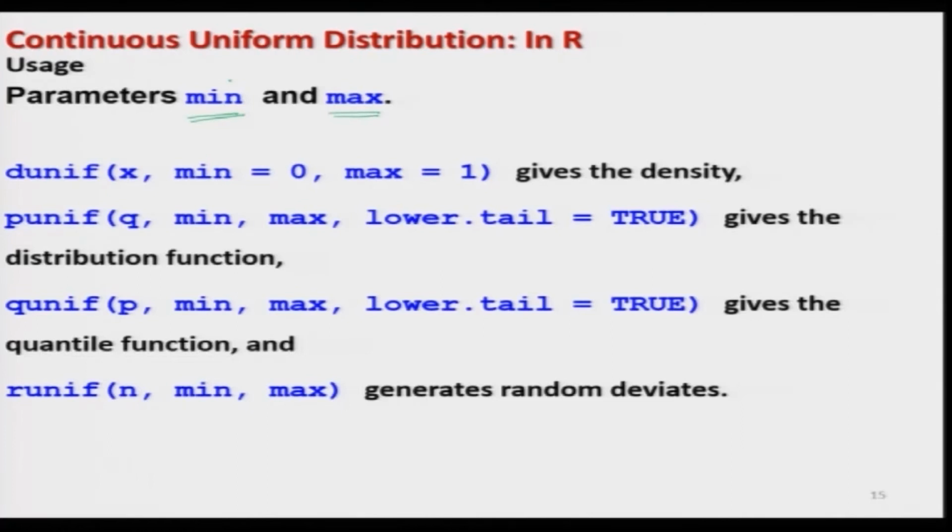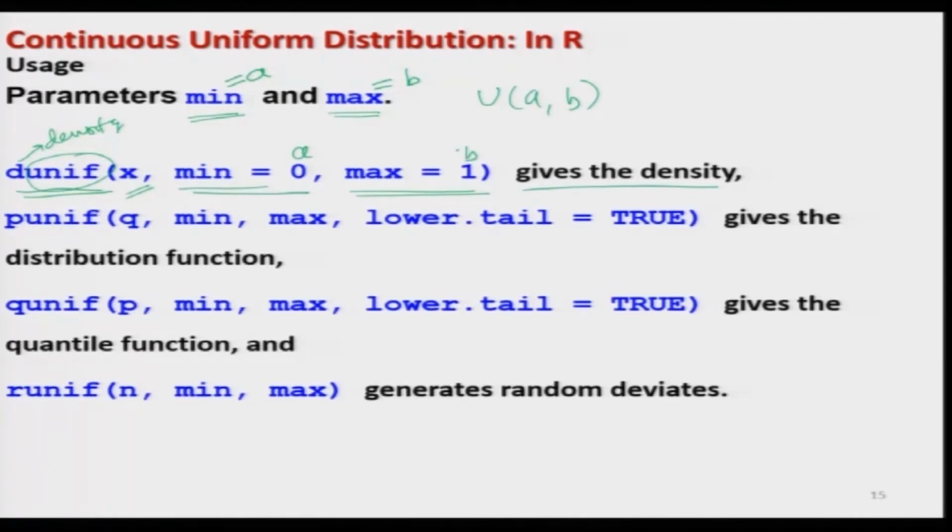For example, minimum in our notation is A and maximum is B, because we have taken the symbol as uniform(a, b). Now, if you want to compute the density, you have to use the command dunif. Dunif means d for density and unif for uniform. Right. Whatever point at which you want to compute the density is x, and then the minimum and maximum values. The default values are 0 and 1, but otherwise you can take any values A and B here.